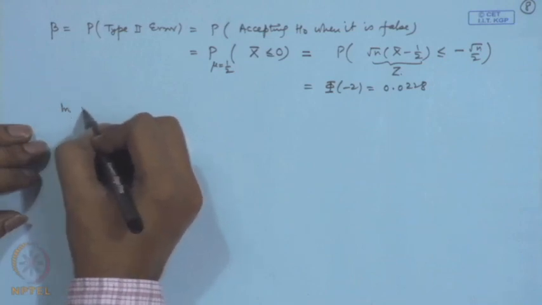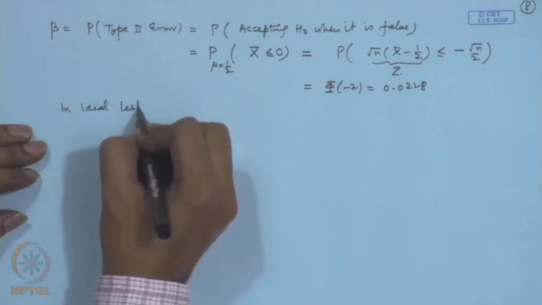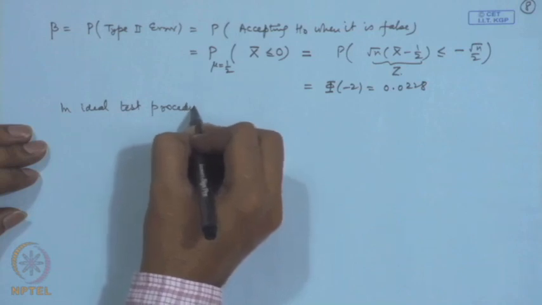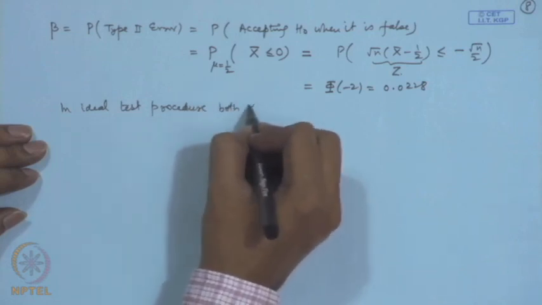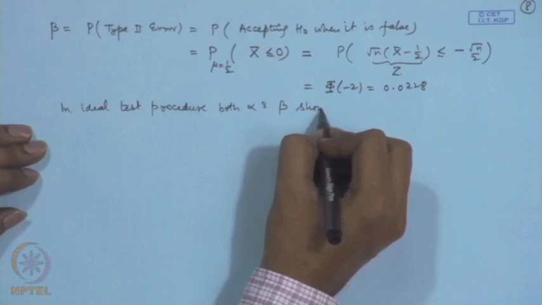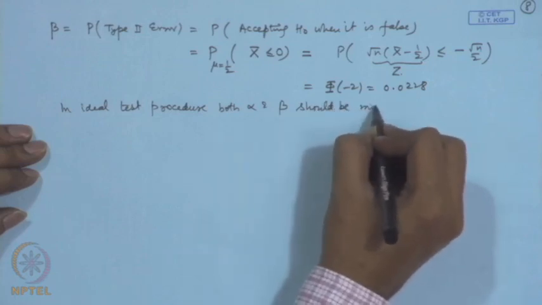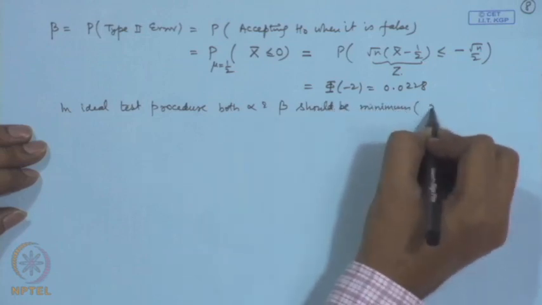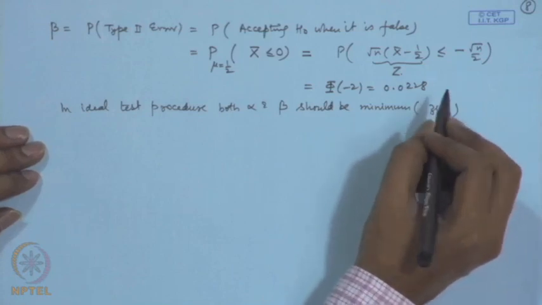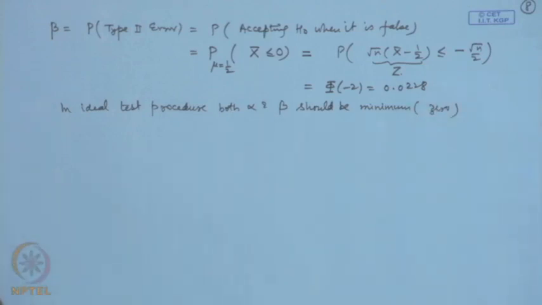Now, in an ideal test procedure, both alpha and beta should be minimum, basically they should be 0, but practically speaking this is not possible. If I want to make the probability of type 1 error 0, that means the rejection region should be an empty set with respect to the distribution when the null hypothesis is true.